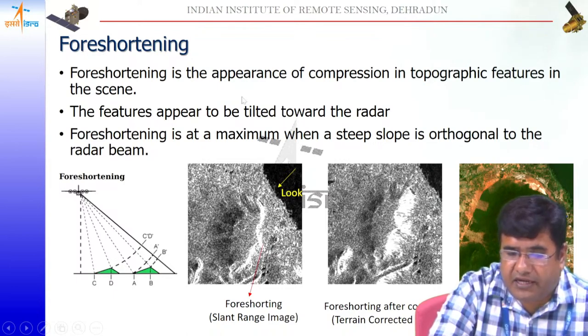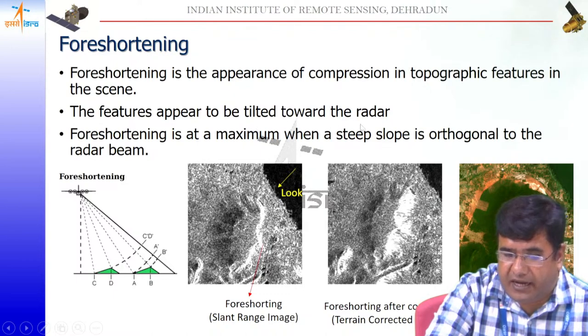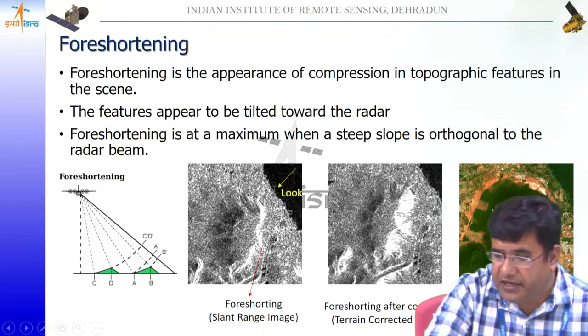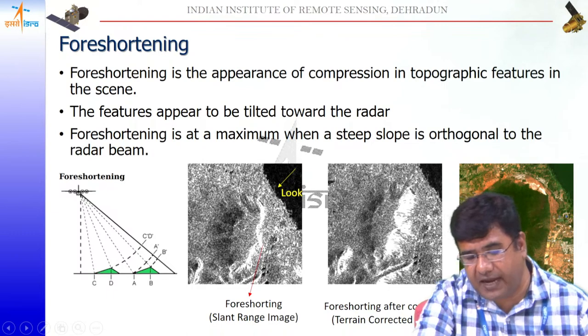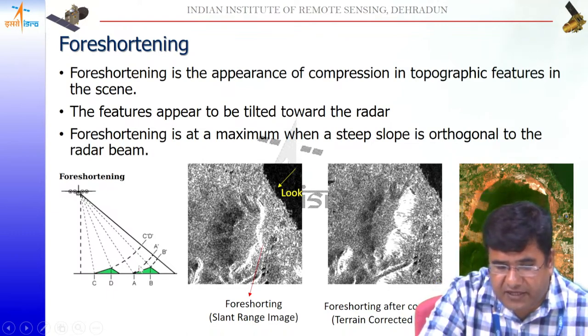Foreshortening is the appearance of compression in topographic features in the scene. Features appear to be tilted towards the radar. Foreshortening is maximum when a steep slope is orthogonal to the radar beam. You can see this is the optical image with a mountain, and this is the slant range image. You can see very bright returns here.